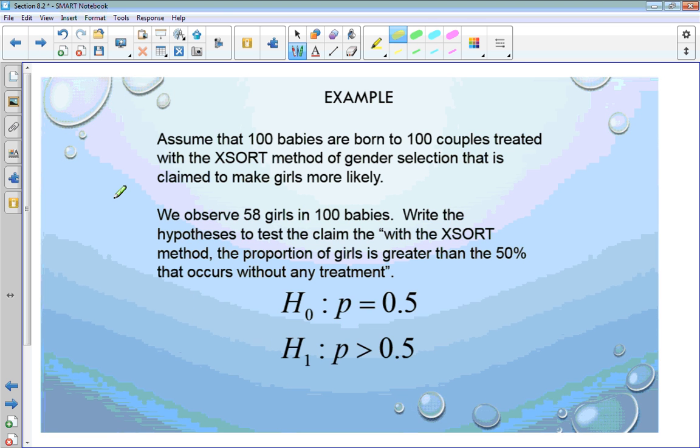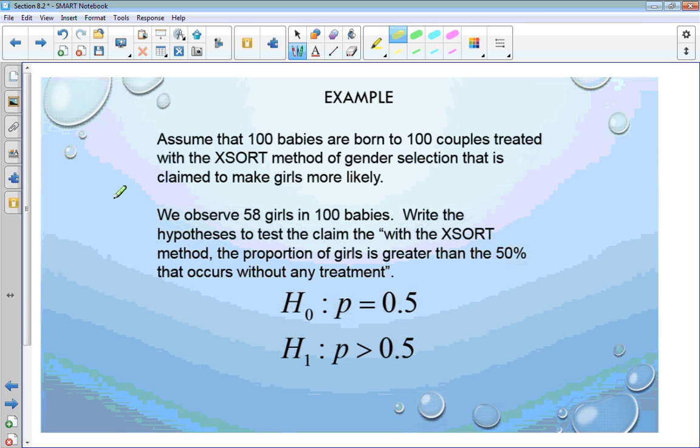So here's an example. We're going to assume that the XSORT method of gender selection makes a claim, then the claim is that it makes girls more likely. So we observe in our sample that 58 girls were produced in 100 babies.